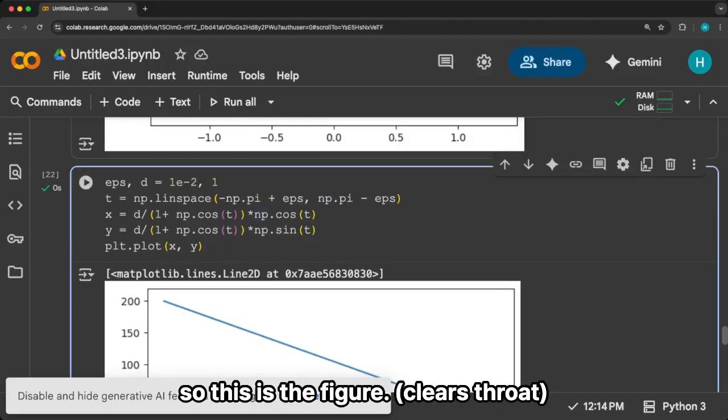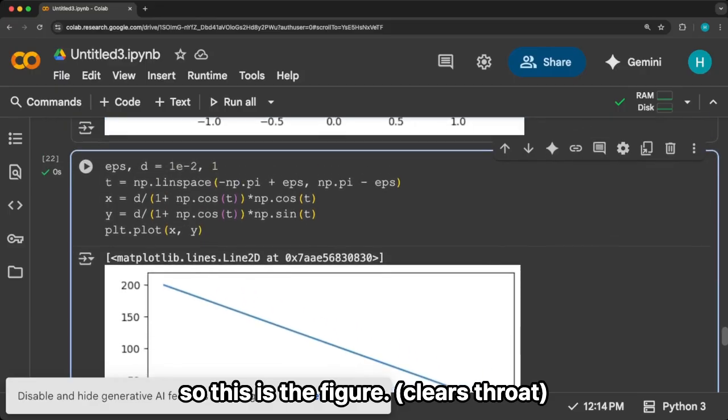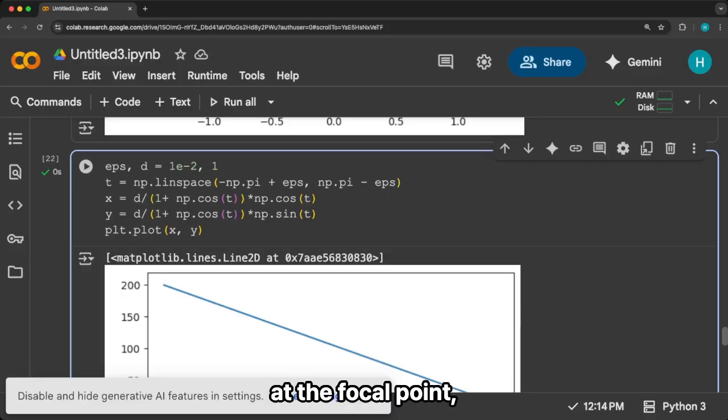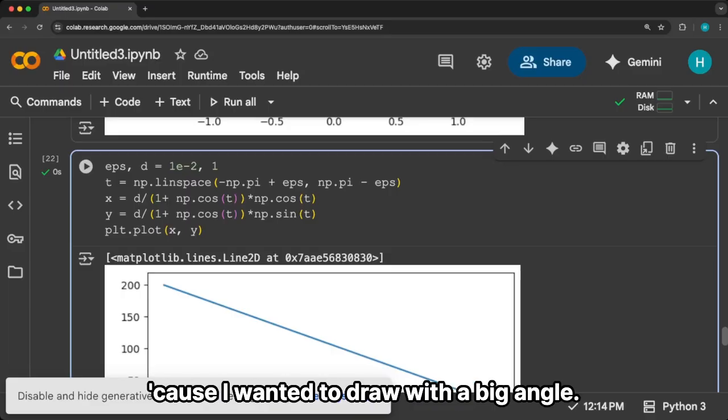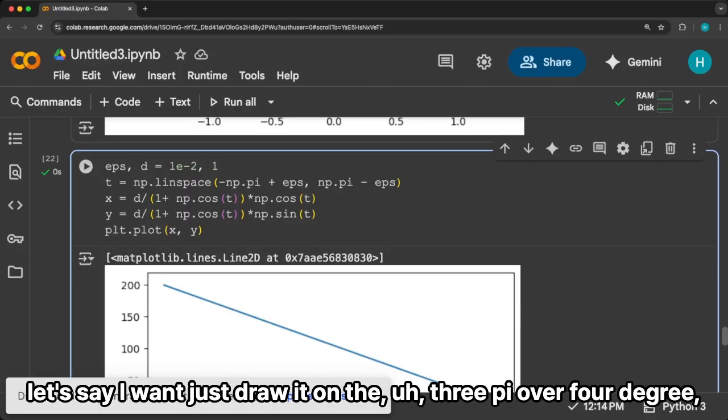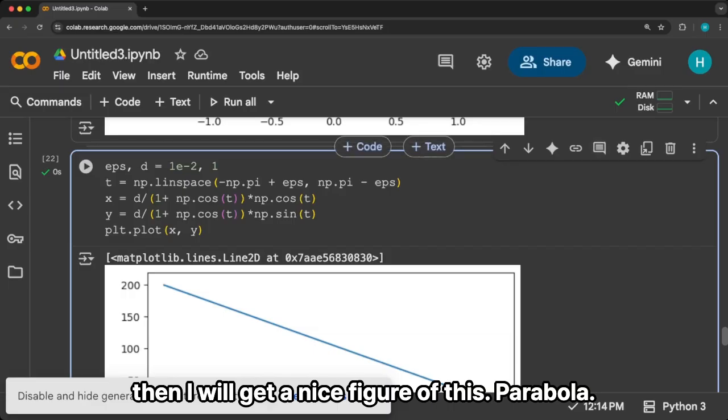Okay, so this is the figure. You can see that this parabola is quite straight all the way up to here, but it changes direction around the focal point. The reason it looks almost straight is that I drew it at a big scale, with a big angle. If I want to draw with a smaller angle, let's say 3 pi over 4, then I will get a nice figure of this parabola.